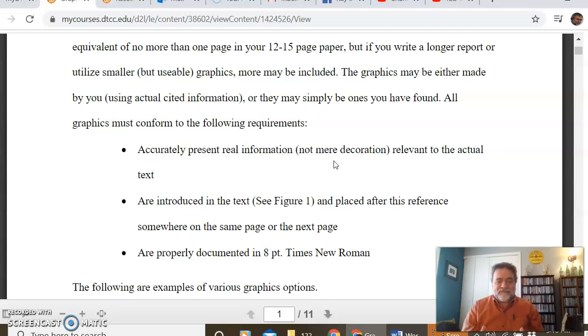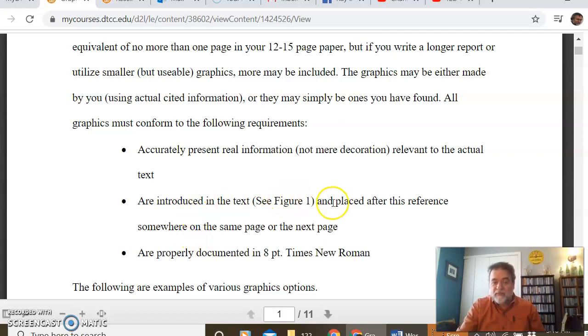In technical report writing, they always do that. In more popular journalism and other publications, there are graphics that are decorative at some level. And that's not what you want. You want to have information-laden graphics.